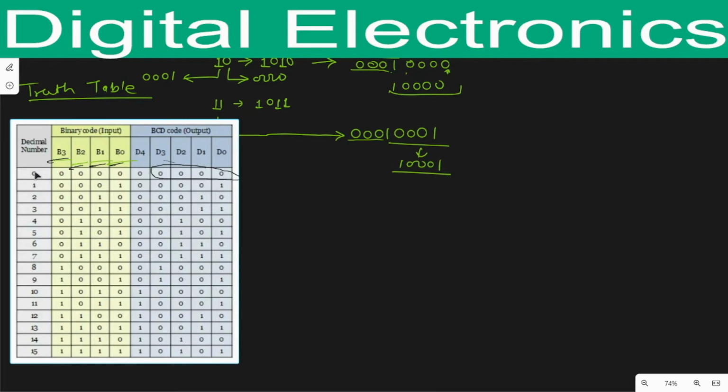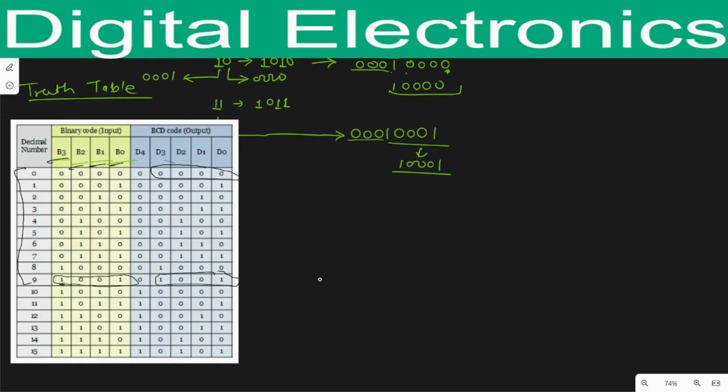From 0 to 9, the binary and BCD are the same. This one is the binary representation of 9, and this one is the BCD representation of 9.